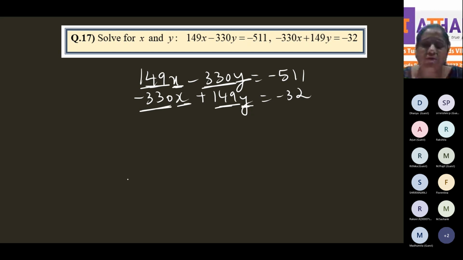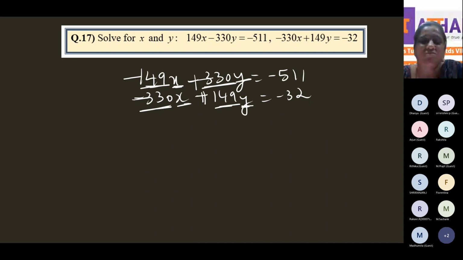See, the signs can be different. It can be plus 330 here, minus 330 here, or minus 149 and plus 149. You can ignore the signs. Only the numerical value, that is the absolute value, matters, not regarding the sign.